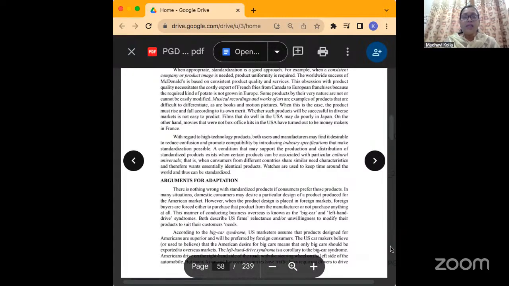So, as an example, if we were to consider a consistent company or product image that is needed, product uniformity has to be there. It is required.